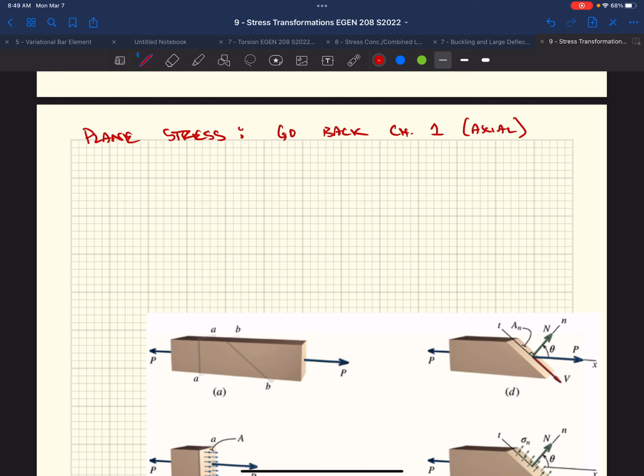The maximum normal stress acts at a cross section that's perpendicular, right? We did that in class. We had this section that we cut. It was AA, right?